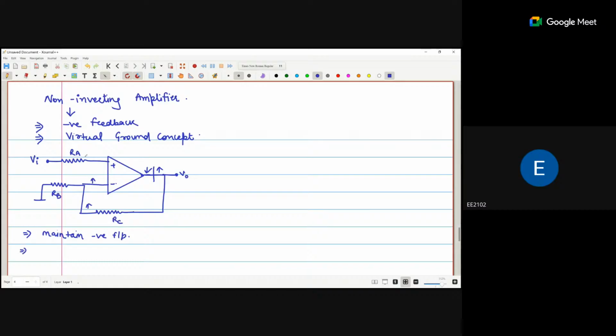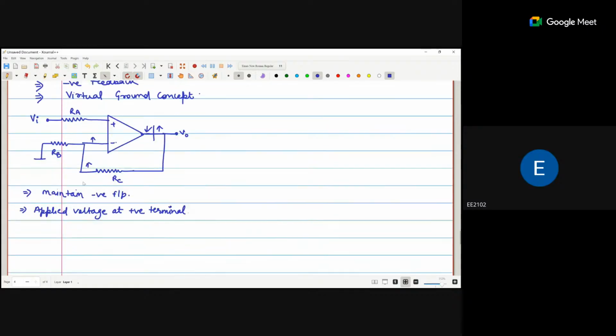Second, applied voltage at positive terminal. Clear?